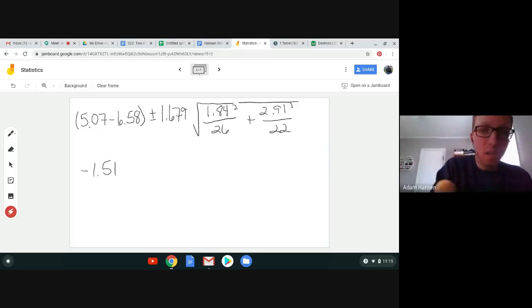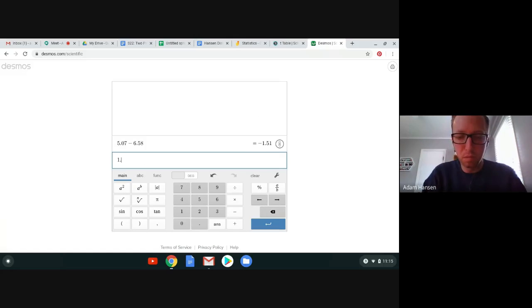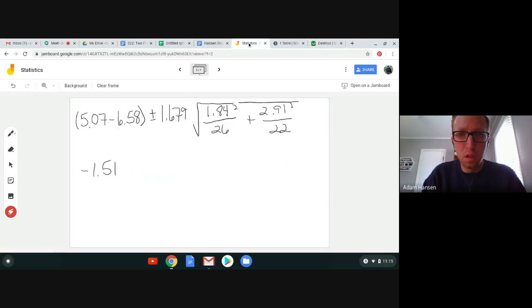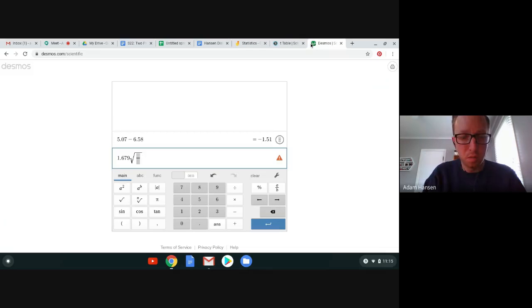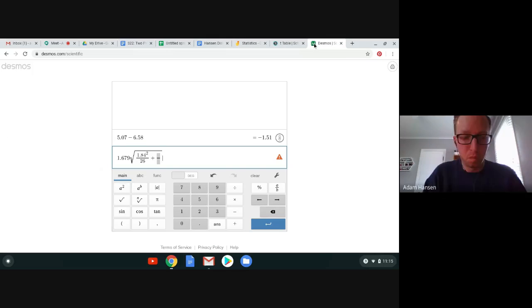Okay, next, let's go ahead and get this margin of error calculation figured out. 1.679 times the square root of 1.84 squared over 26 plus 2.91 squared over 22. That's 1.205.